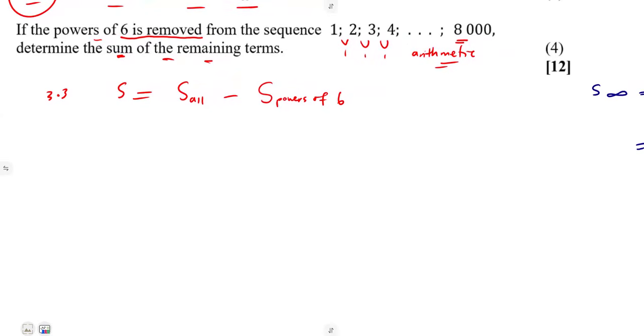So all terms, they form an arithmetic. All right, so that is the sum of all terms forming an arithmetic. This is our first term, this is our last term. So we can find the sum of those terms. That is for all terms. So you can simply use the formula n over 2 into a plus l.